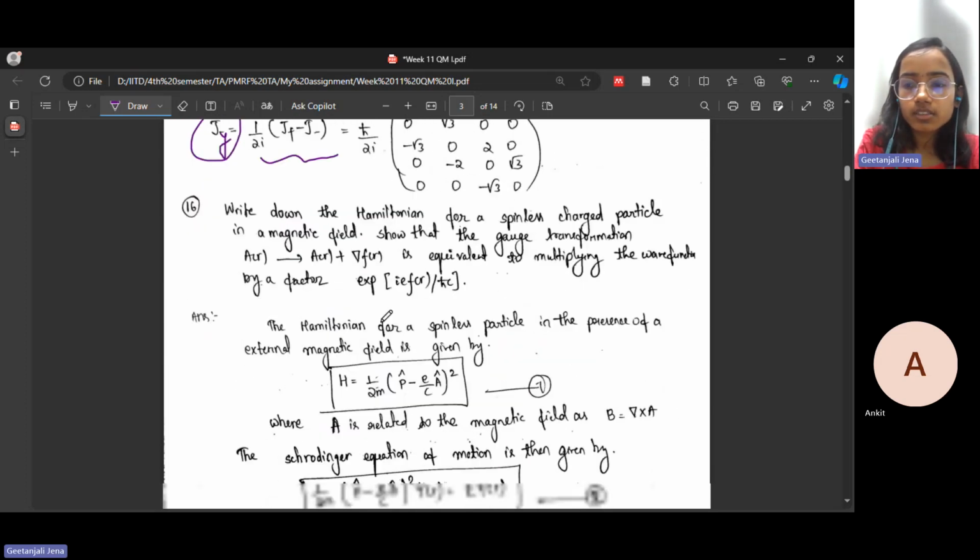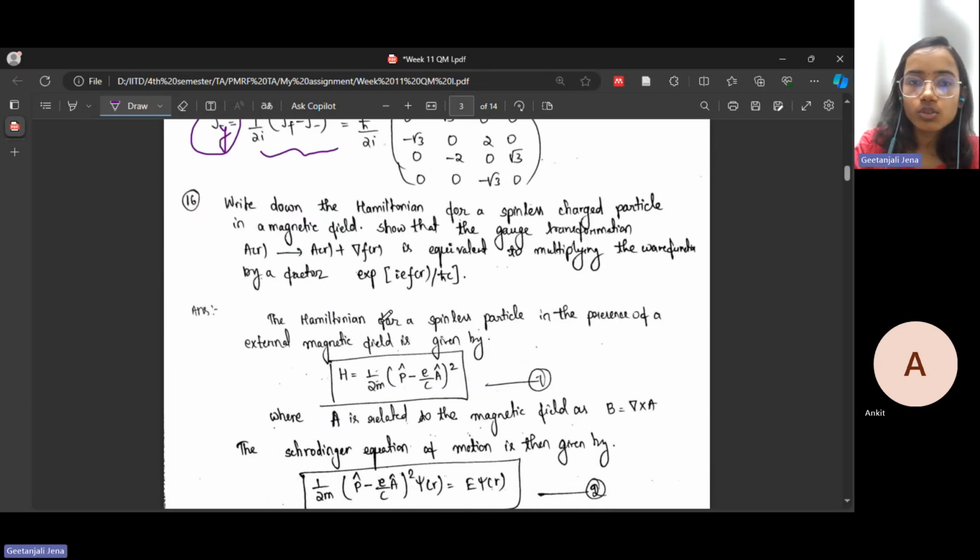So let us see the problem. It is based on the Hamiltonian of a charged particle in a magnetic field. Let me read out the question for you.